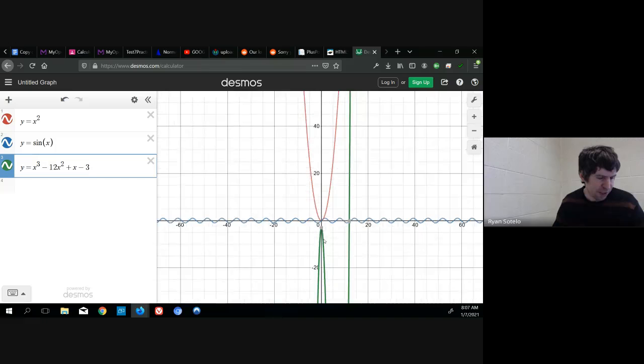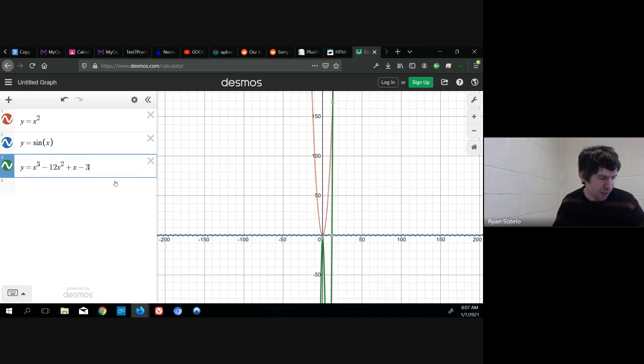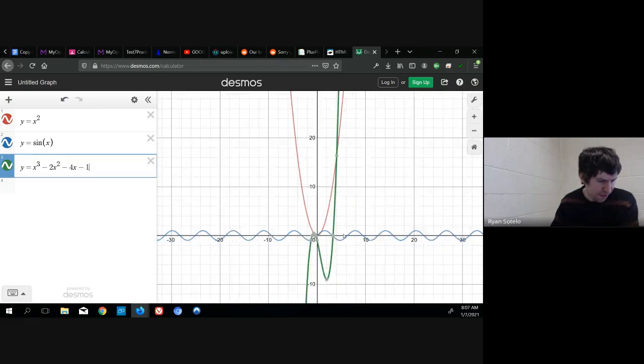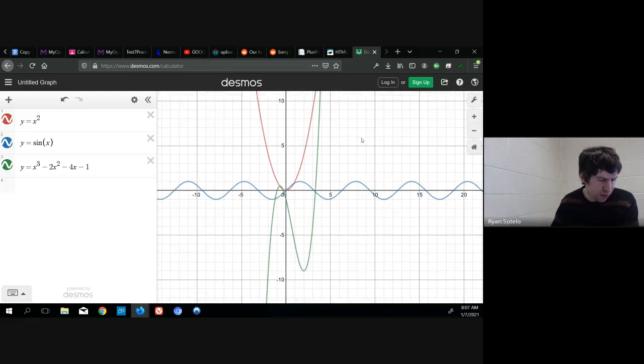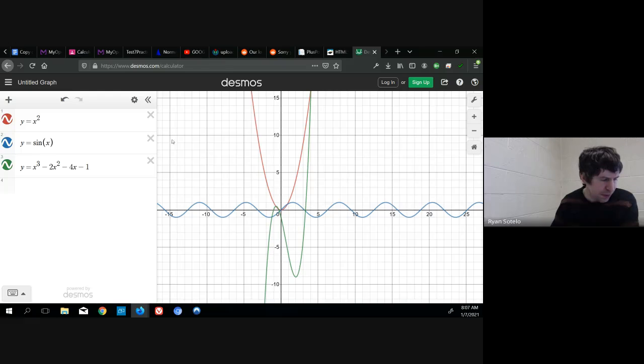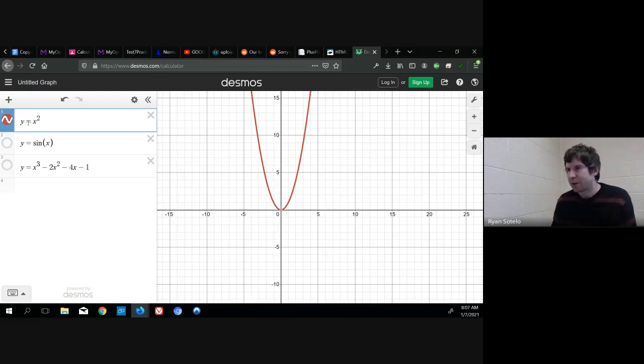That's a little funky. Let me try something. How about that? So we'll go through what we can do with this stuff using the transformations. So we'll just start with y equals x squared.